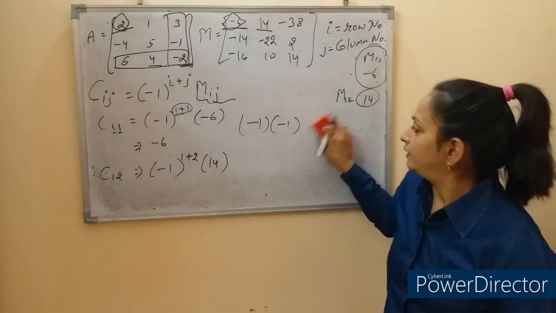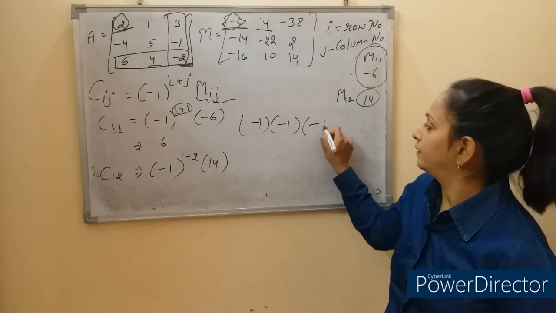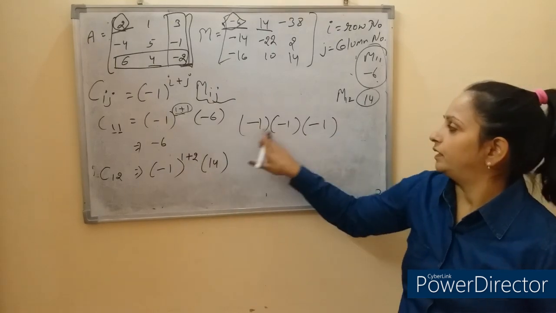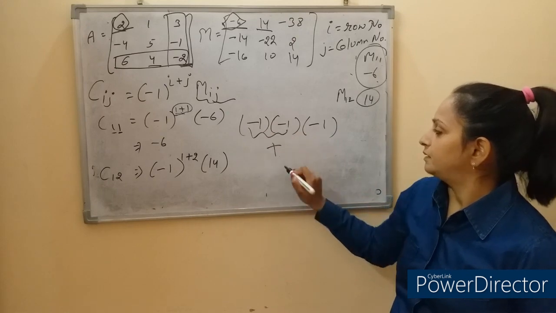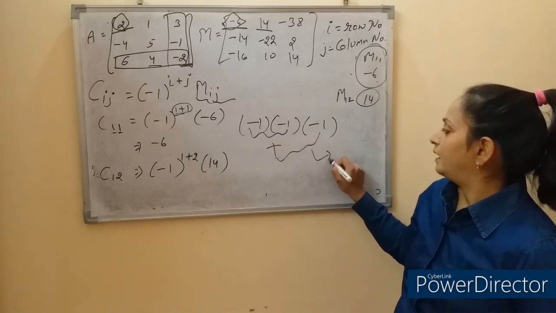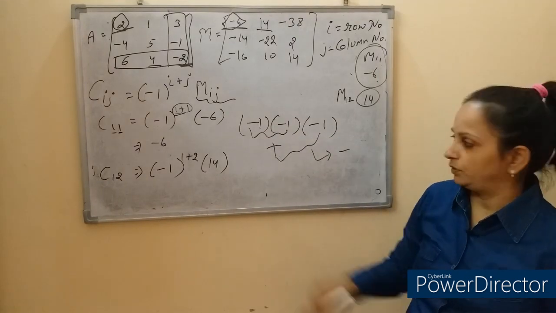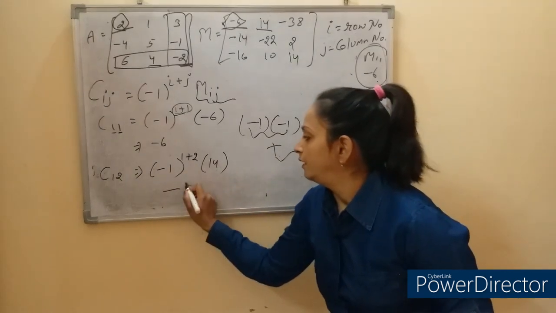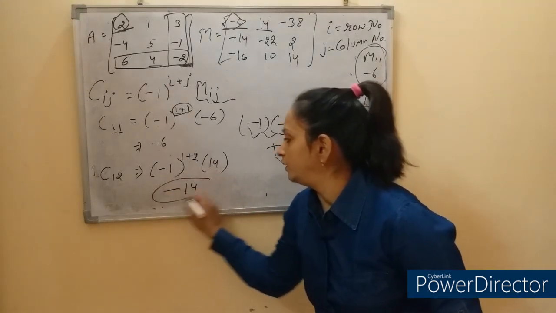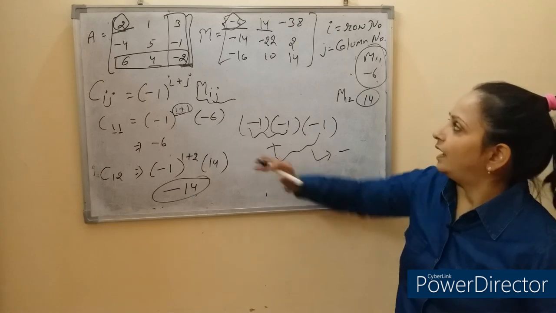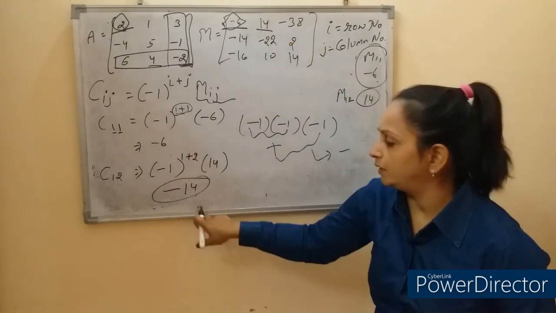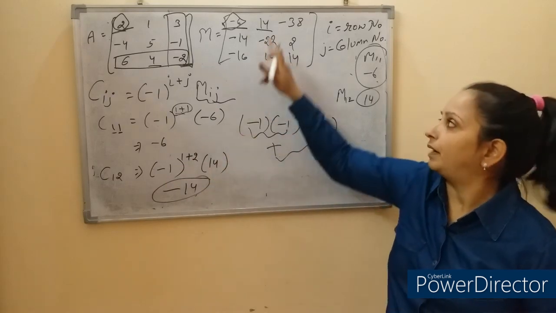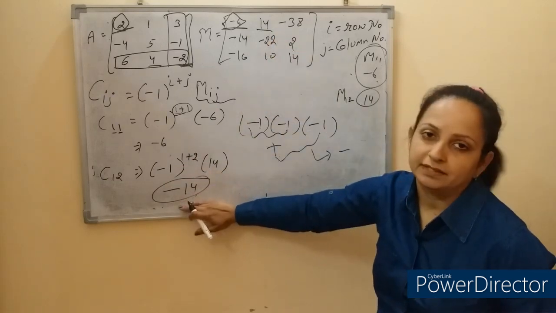But when I have a power of 3, here minus 1 into minus 1 into minus 1, so minus into minus is plus, plus into minus again gives me a minus. So it will give me a negative sign and the 14. So C12 is minus 14. As you can see, M12 is positive 14, but C12 is negative 14. Minor was positive, but the cofactor is negative.